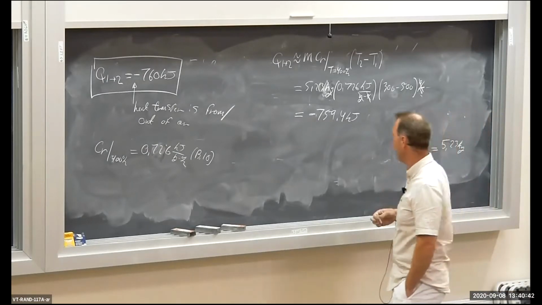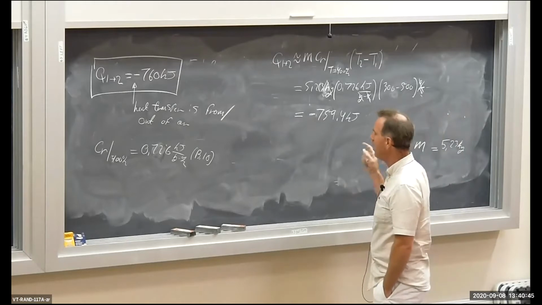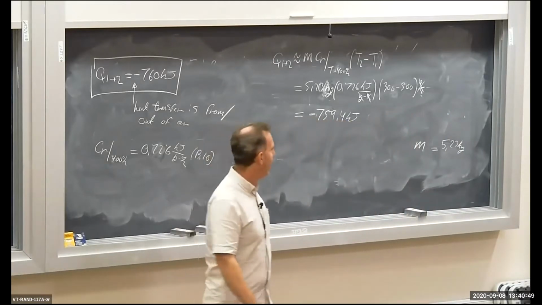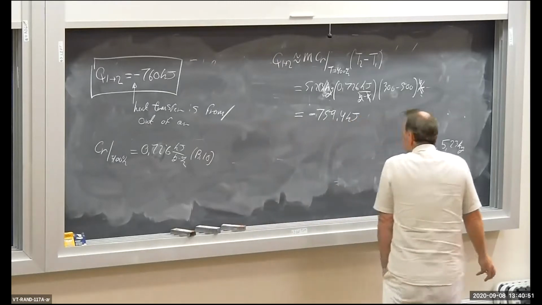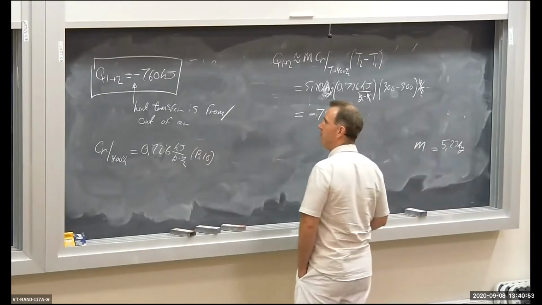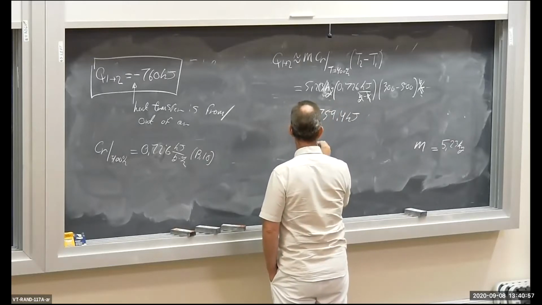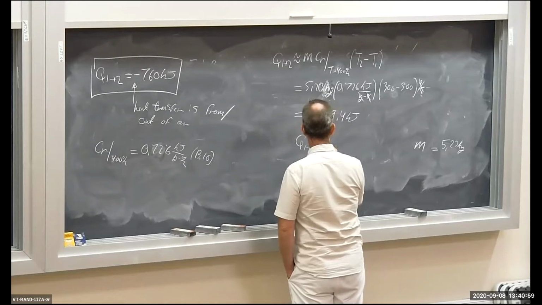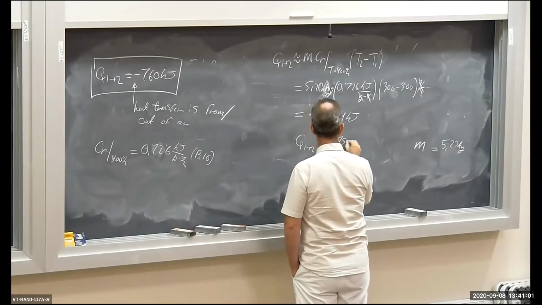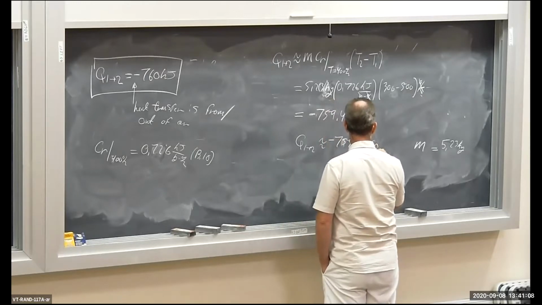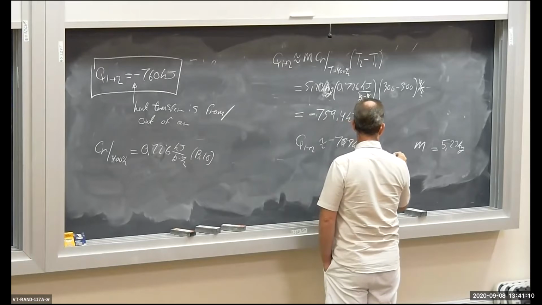I probably did a little rounding there. Assuming constant specific heat evaluated at the average temperature, I get 759 kilojoules. So Q1 to 2 is negative 759 kilojoules, and this is from specific heat.